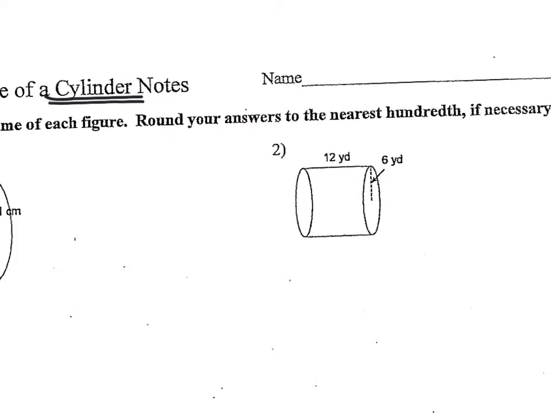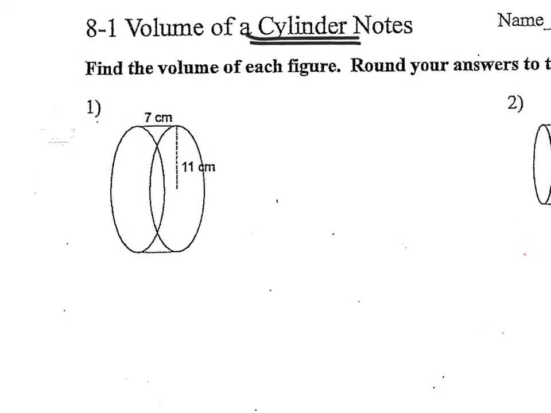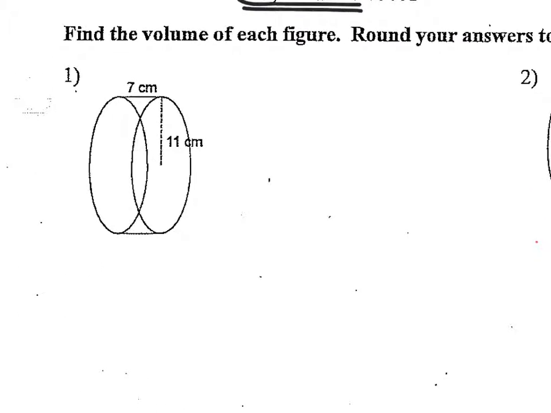So let's go ahead and start to practice this. On number 1, notice that our cylinder is flipped on its side, and our base will always be a circle. The bottom and the top will always be a circle. The first thing that we should find is our radius. Remember, radius is halfway across the circle, and diameter is all the way across.